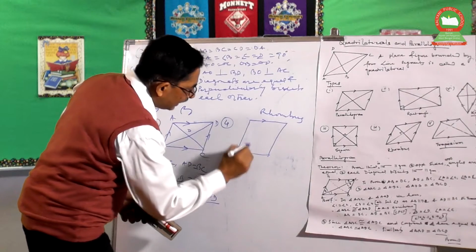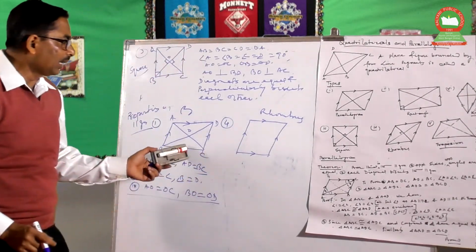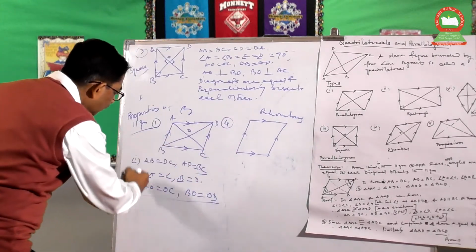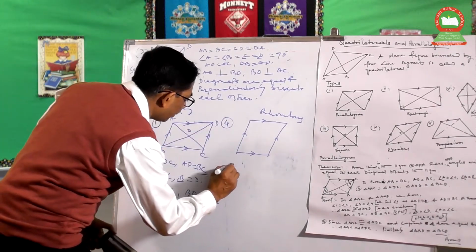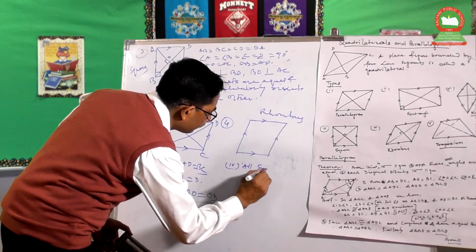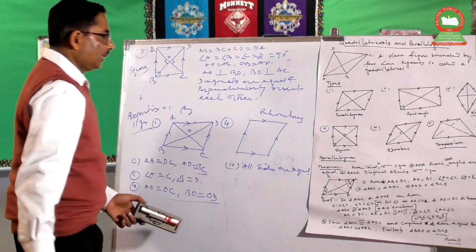This is a quadrilateral, that is a parallelogram. Opposite sides are parallel, that is a parallelogram. A parallelogram whose all sides are equal, that is, including the properties of the parallelogram, another point is added: all sides are equal.